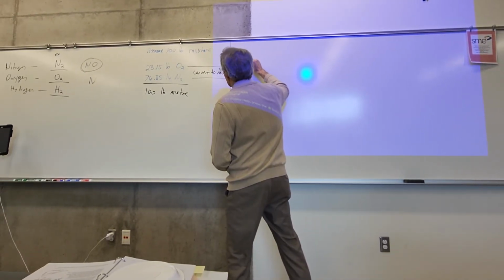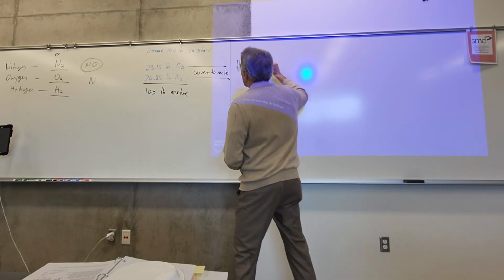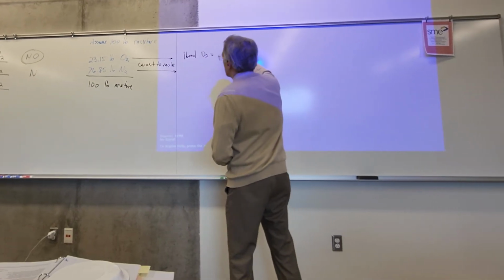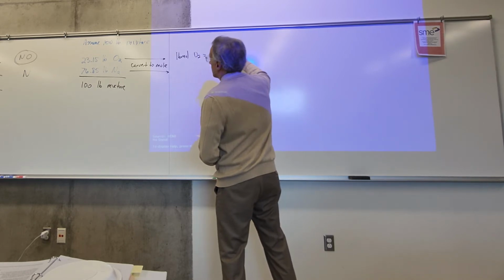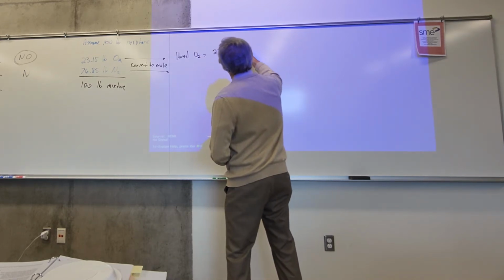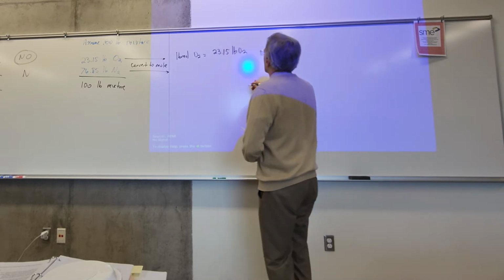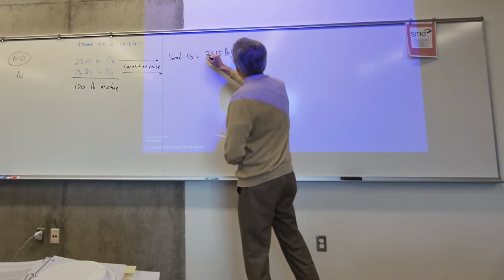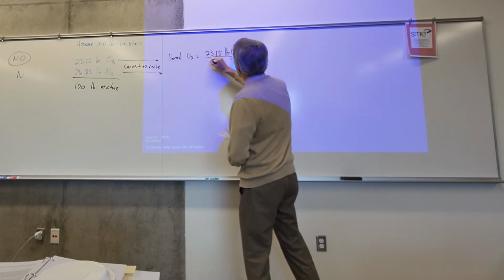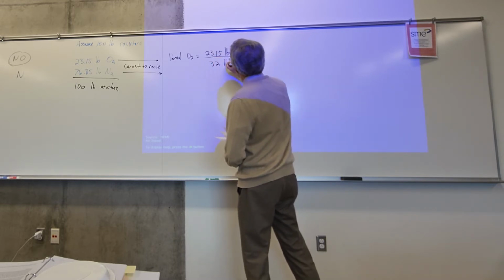So pound mole of O2 would be equal to 1.5 pounds of O2, and we would divide by the molar mass, which is 32.